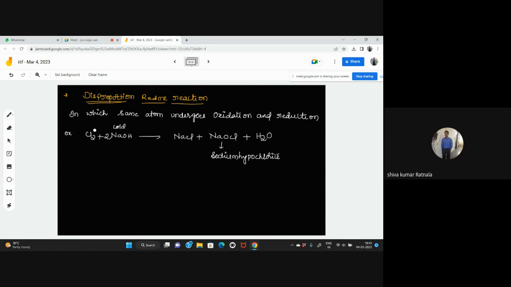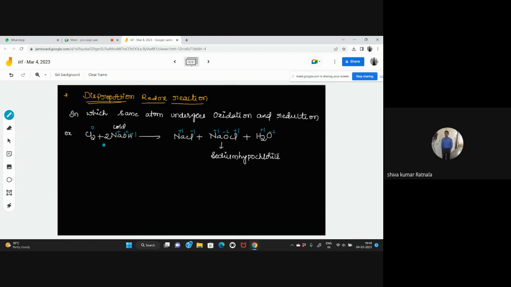Now identify the oxidation state change here. So Cl2 is 0. Here sodium is +1, oxygen is -2, hydrogen is +1. Here sodium is +1, chlorine is -1. And here +1, -2, +1.